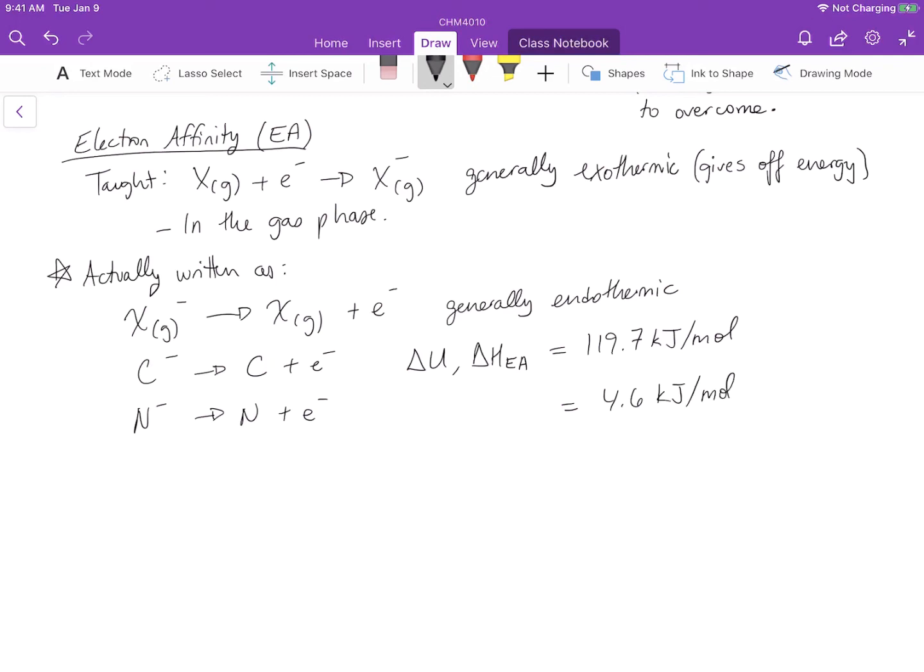So this is a pretty big difference for just going from one electron difference in an element. So the key is, if we're looking at carbon minus, we have 2s2, 2p3, going to carbon, 2s2, 2p2. Whereas if we go from nitrogen minus, we have 2s2, 2p4, going to nitrogen neutral, 2s2, 2p3.